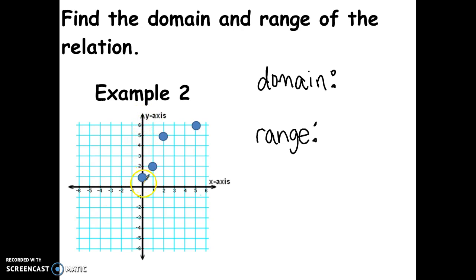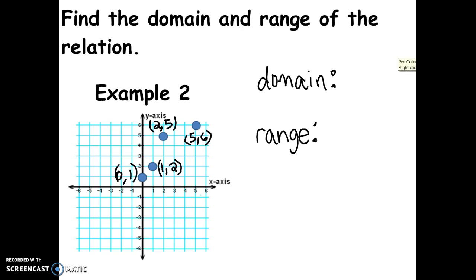So with this first ordered pair, we're at 0, 1. Our second ordered pair is 1, 2. Our third ordered pair is 2, 5. And lastly, we have 5, 6.